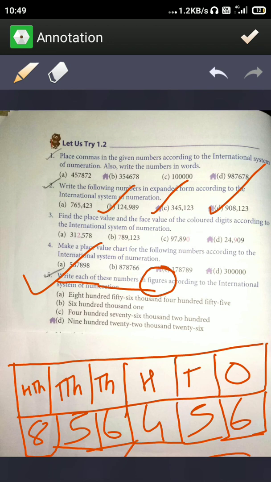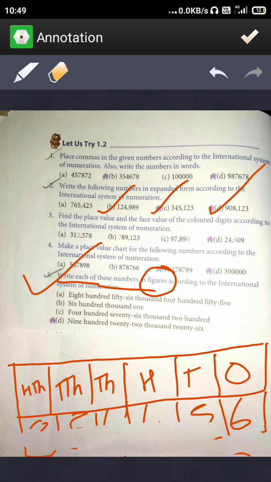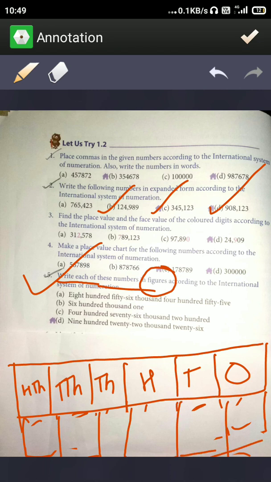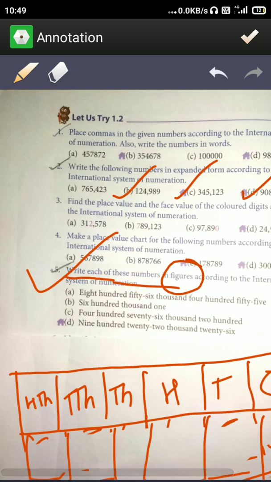Then the last question, fifth b. I will discuss the last question with you, that is fifth b. Then you have to solve the other questions. Okay, so 600,000. It is talking about thousand.